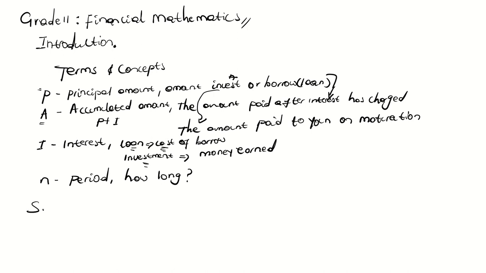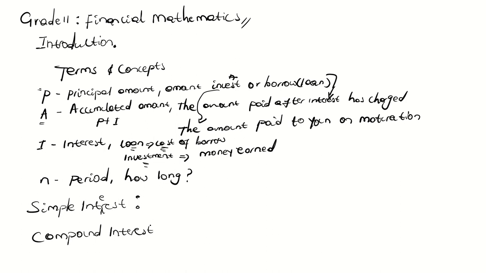The first method would be simple interest. And the second would be compound interest. So you can see simple is, as the word stated, simple, but compound is more complex. It builds on, okay?